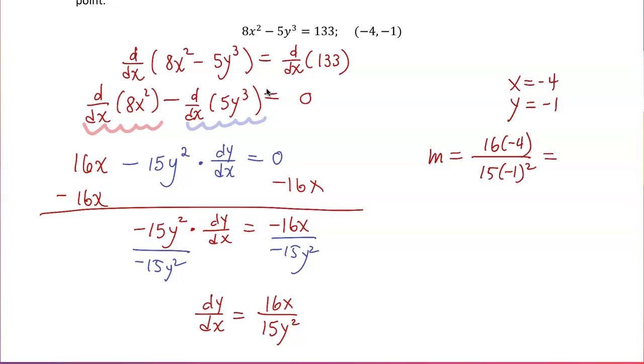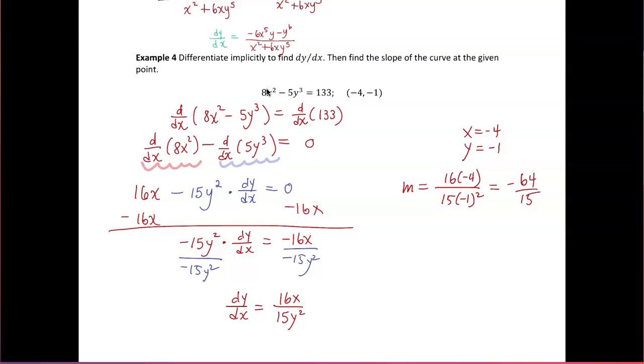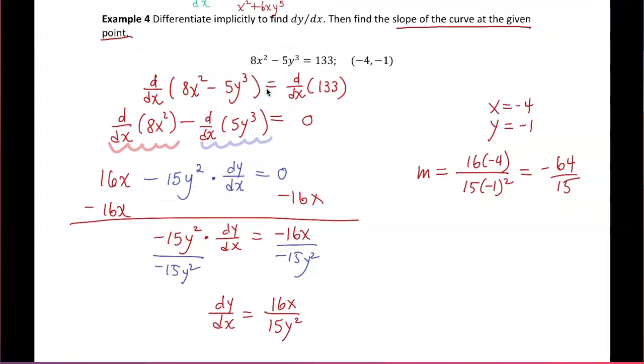Let me just use my calculator for that. That is negative 60 over 15. So that is how you can find the slope of the curve at the given point. But you're going to have to first find the derivative implicitly.